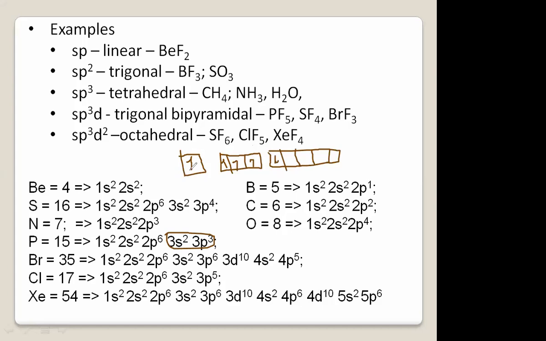So you have an sp3d hybridization, and that will give you a trigonal bipyramidal structure. So you have your phosphorus at the center, and you have your fluorine flanking it like that.